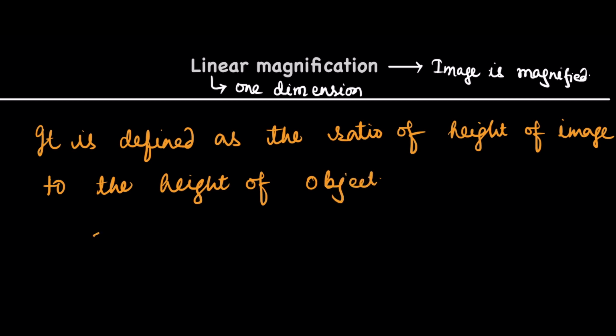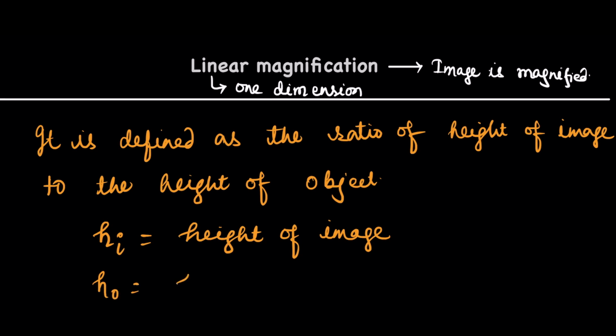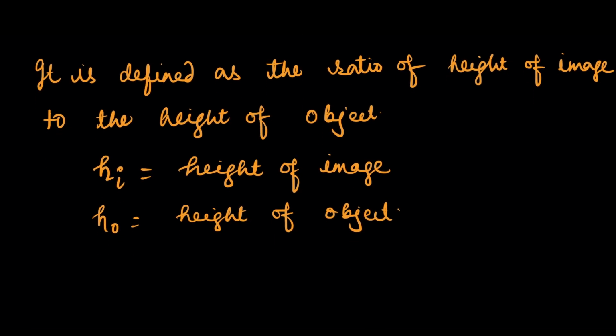So here, if we represent hi as the height of image and ho as height of object.